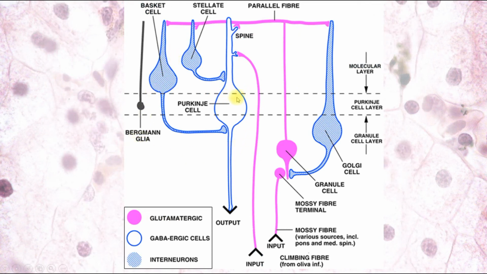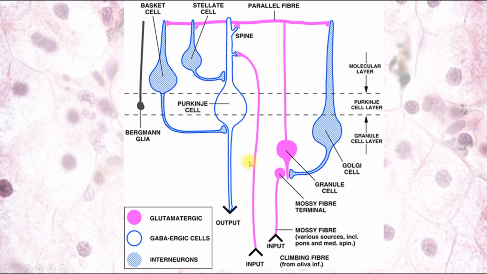Here we can see the Purkinje cell, the most important cell of cerebellar cortex. Its perikaryon is located in the Purkinje cell layer. Here are its output of information, its axon, and its dendrites. So there are two inputs. It's the climbing fiber. It goes to the molecular layer and conducts information directly to the Purkinje cell.